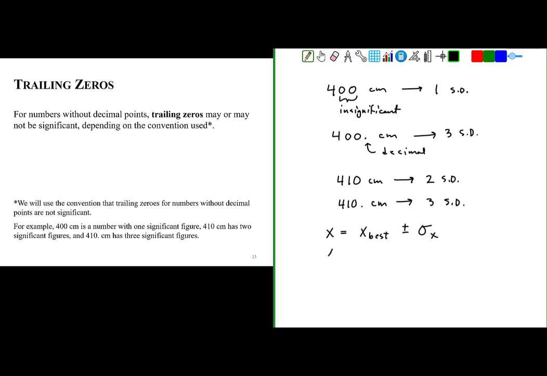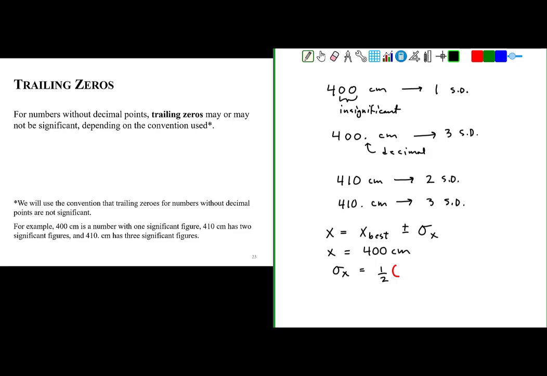And remember, for numbers that don't have the uncertainty explicitly stated, we are going to take the uncertainty to be plus or minus 1/2 the smallest division of measure.